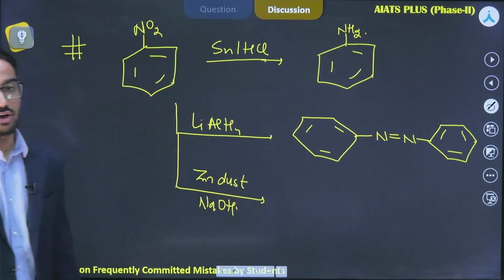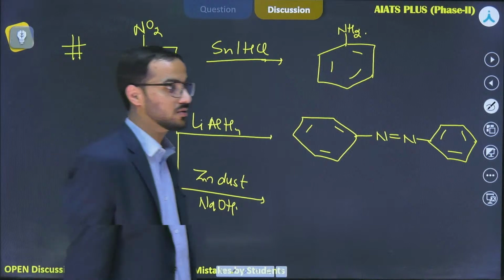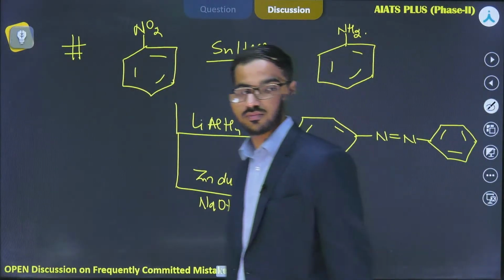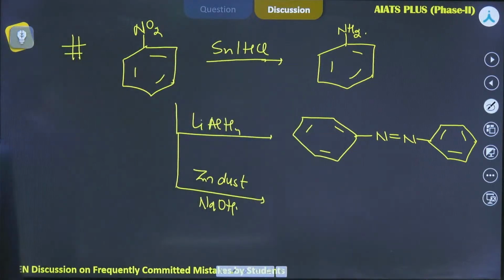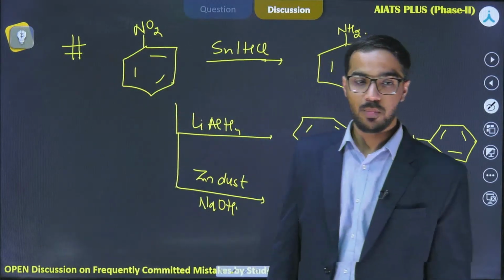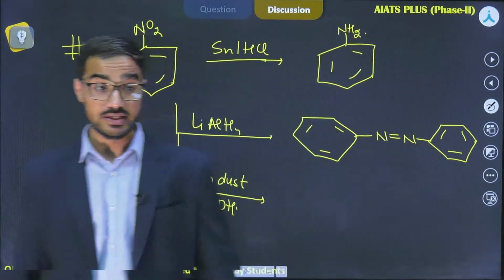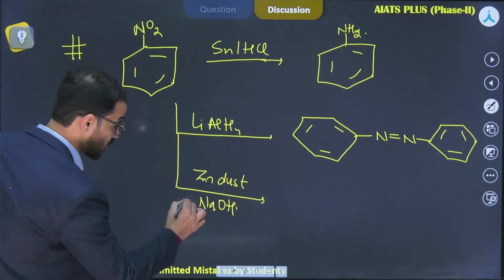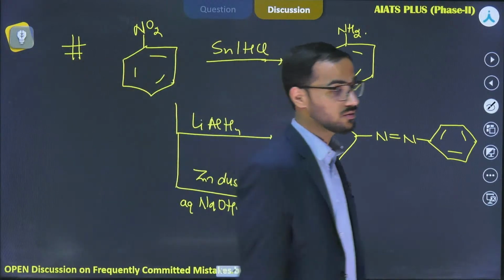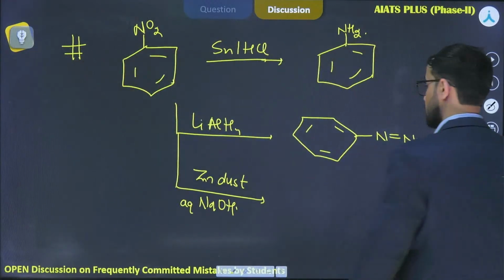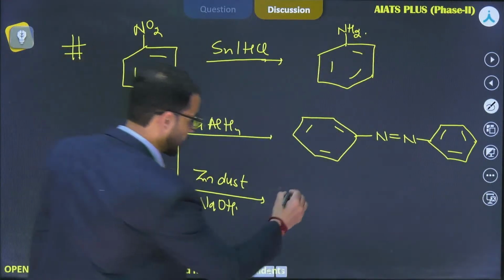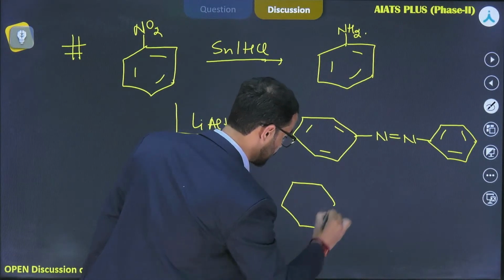Now, what will be the product of this reaction? Can anyone? Yes Lucky, tell me. What will be the product when zinc dust in the presence of aqueous NaOH is taken? No, you will be getting hydroazobenzene.